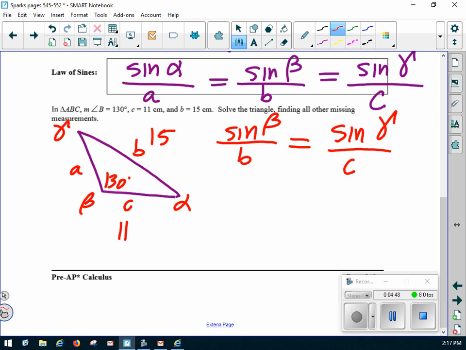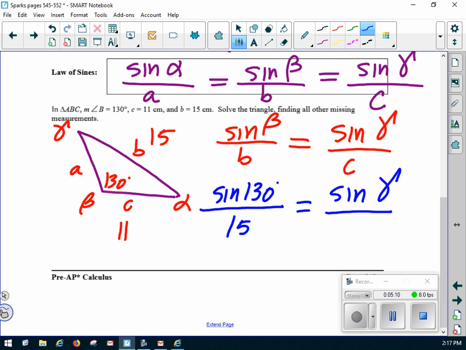Let's put stuff in and see what we got. What is beta? So you've got the sine of 130 degrees over 15 equals the sine of gamma over 11. Do I know the measure of angle gamma? Nope.